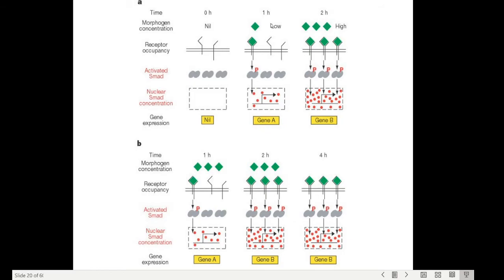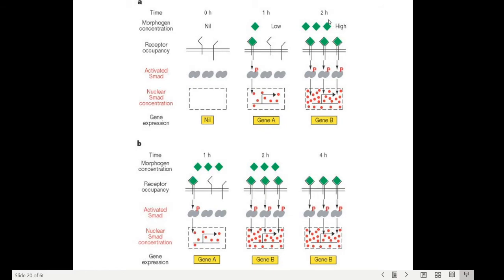That is an embryo; after receiving the signal from morphogen, the activated SMAD, that is a cell producing the SMAD compound, that is for gene production, gene expression. So that is produced in the nucleus. The expression of the gene is higher in the particular cell.